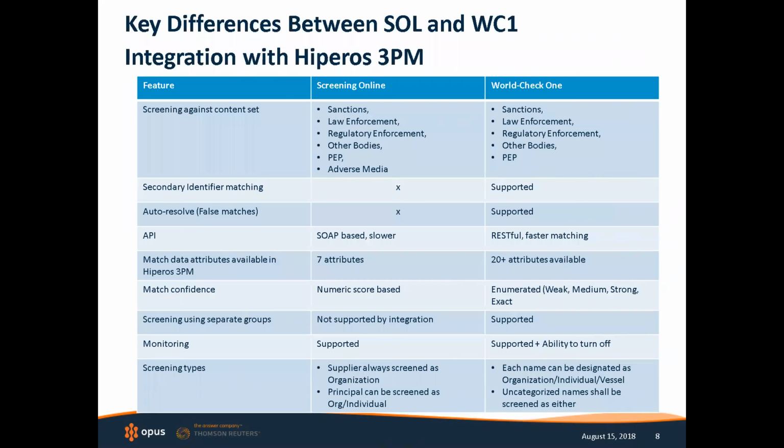So a perfect example is if someone was just to commit murder, of course, we wouldn't have that included in World Check. But if it was murder for hire, or if someone had unfortunately murdered someone in order to get a life insurance policy paid out, then that would be included because it's a financial aspect. So if that makes sense.